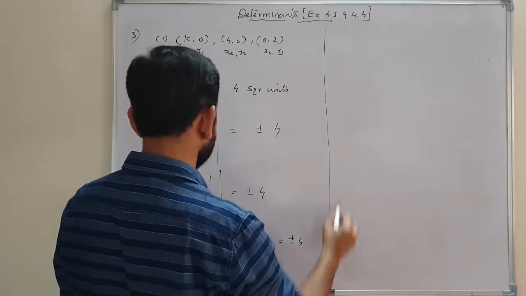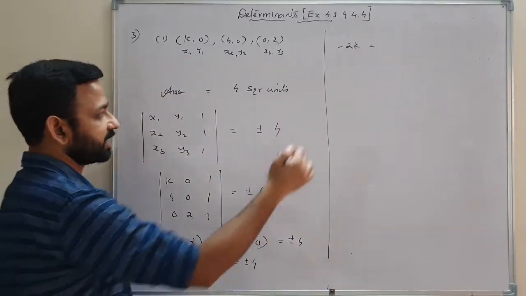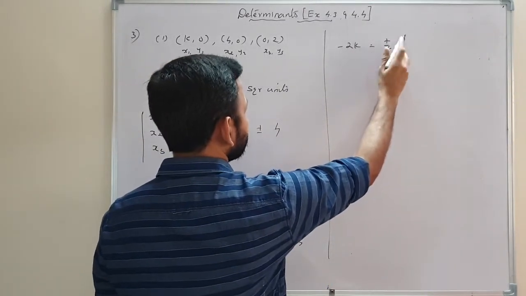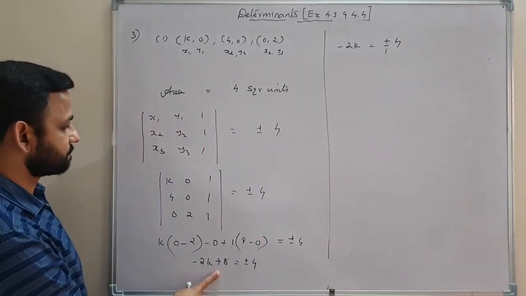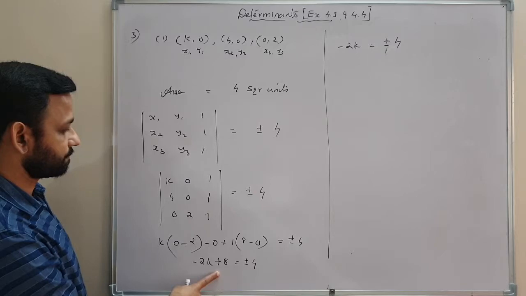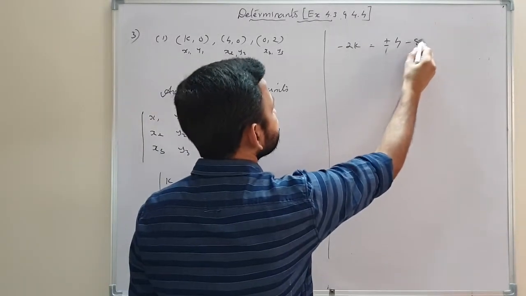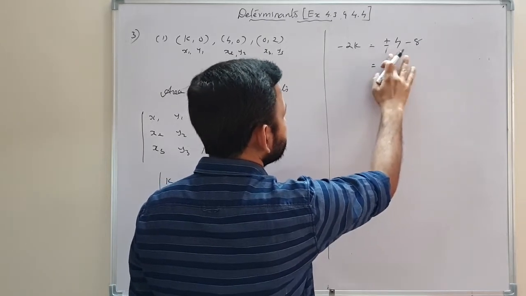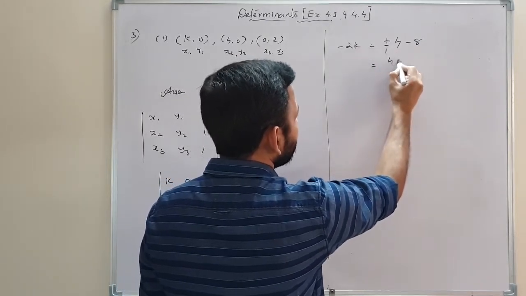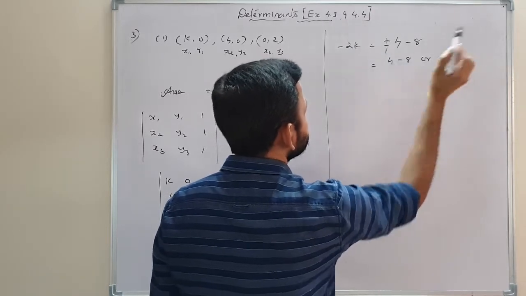Therefore minus 2k equals plus or minus 4, and when we take 8 from left to right, it will be minus 8. That is 4 minus 8 or minus 4 minus 8.